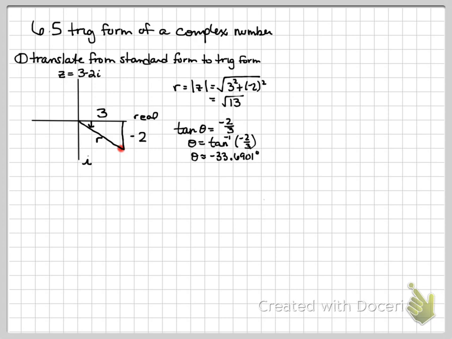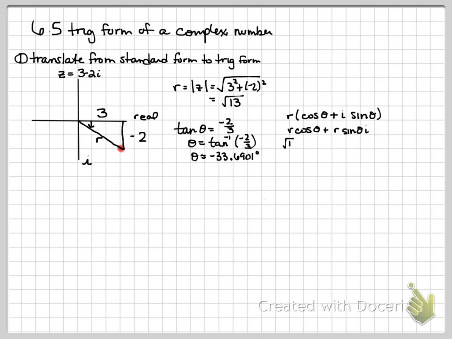And now to write this in trig form, it's r times the cosine of theta plus i sine of theta. If I distribute the r, I forgot to write the r there, hold on. And I just have to place my r and my theta.